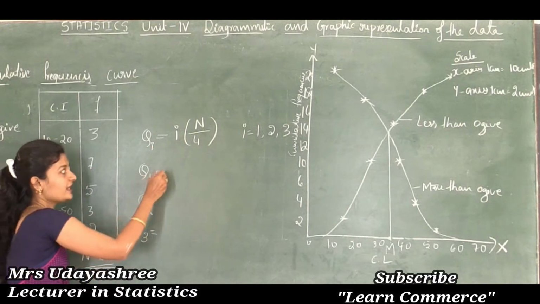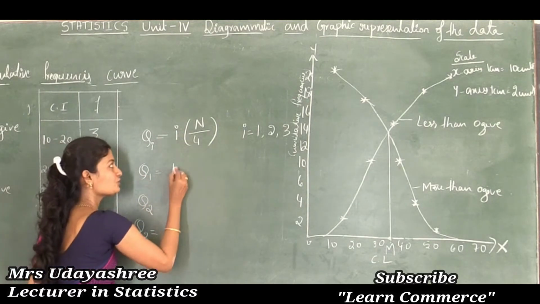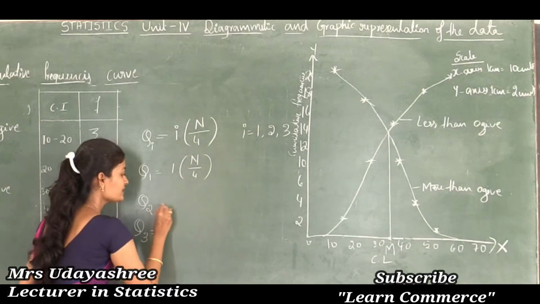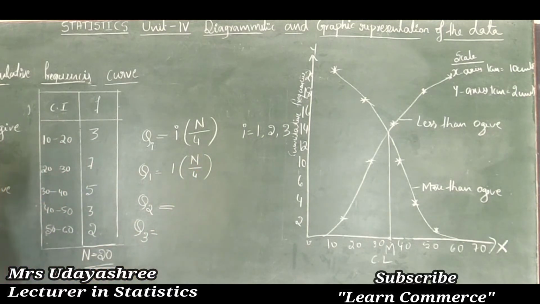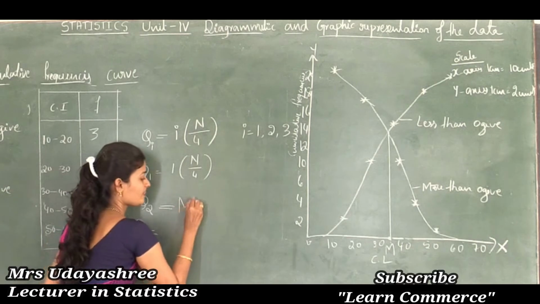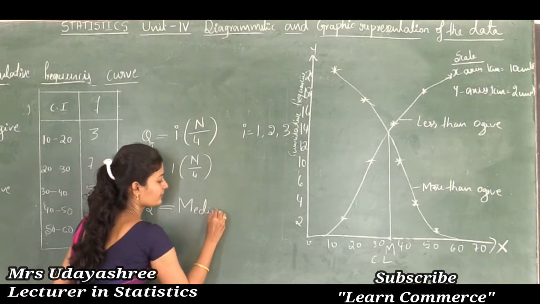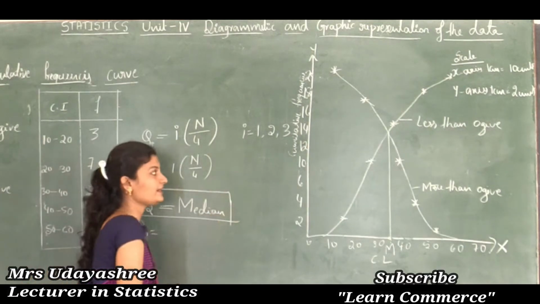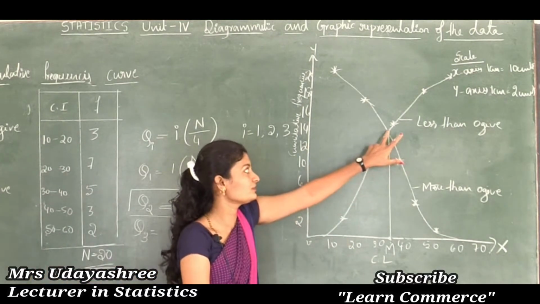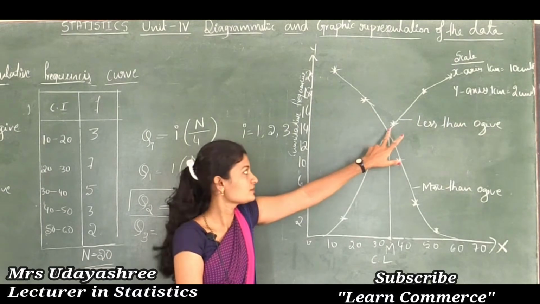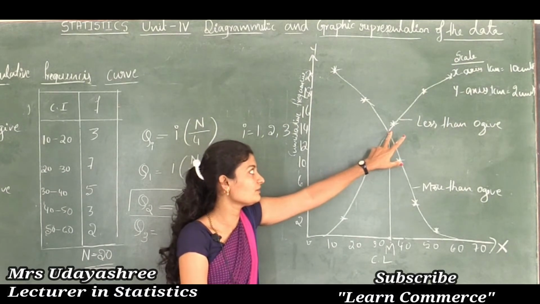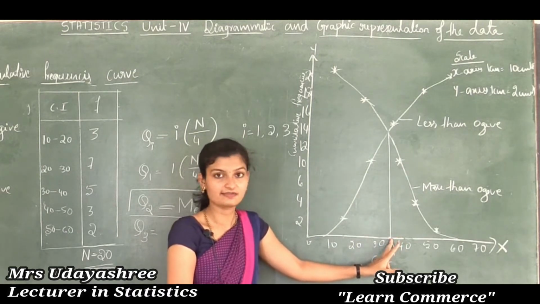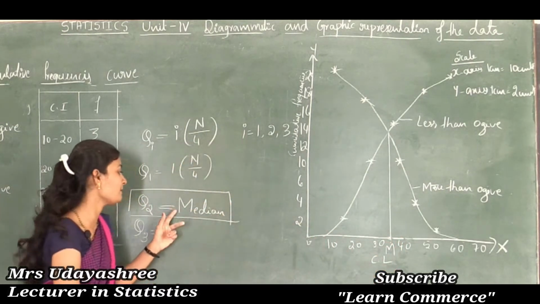Now the second quartile is also known as the median, and we know how to calculate the median. The median is nothing but the intersection point of these two ogives. From this intersection we draw one line perpendicular to the x-axis, and this point on the x-axis gives the median. So there is no need to apply the formula here.